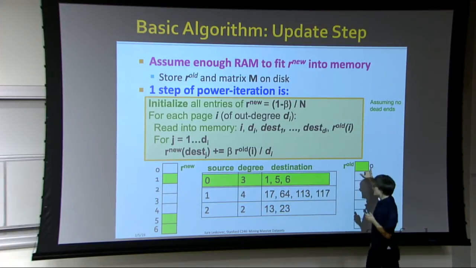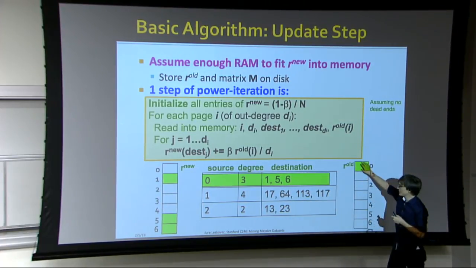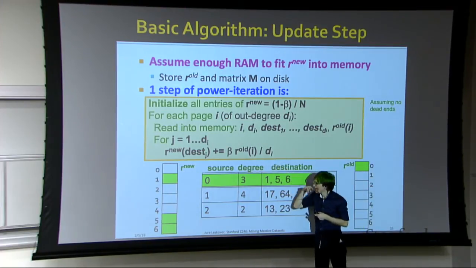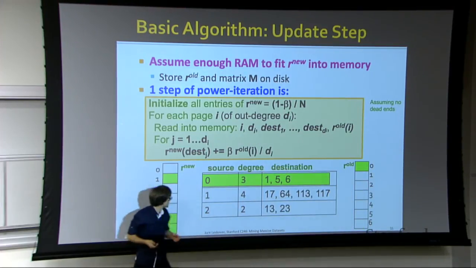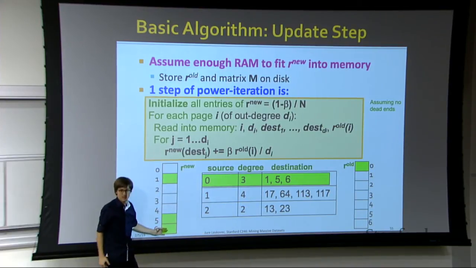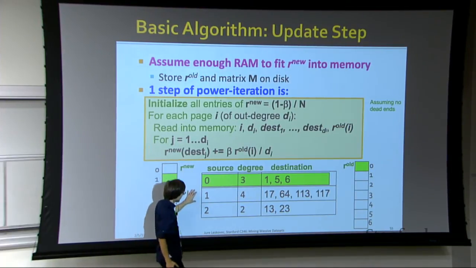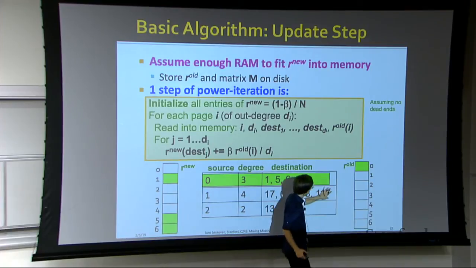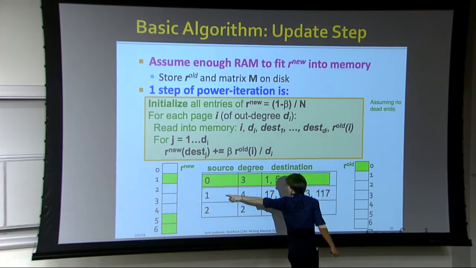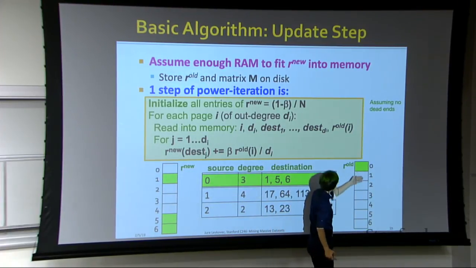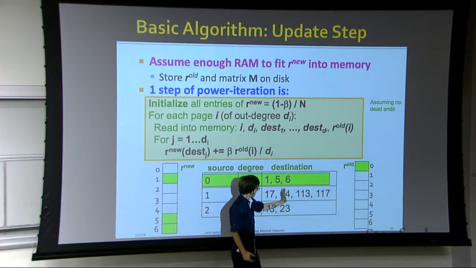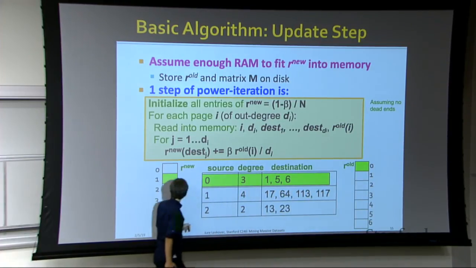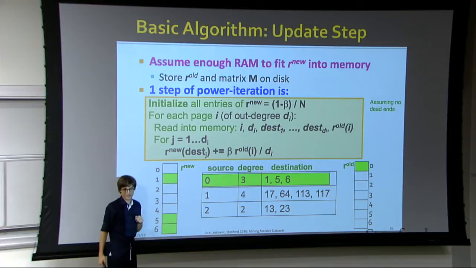So I take the value of entry 0, divided by 3, and I update entries 1, 5, and 6. And then I load in the next node and the corresponding entry at index 1, and I update those particular entries of this vector.